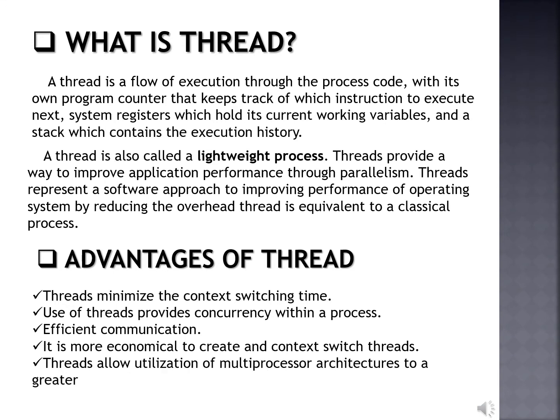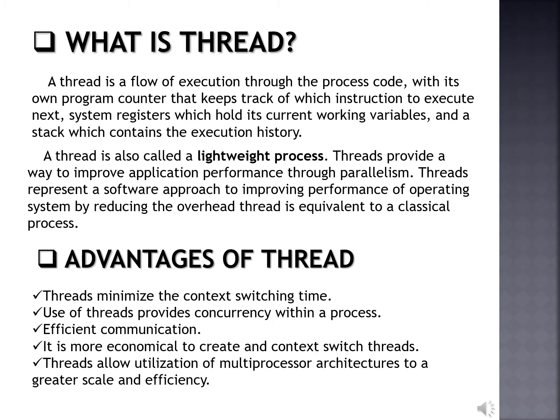A thread is a flow of execution through the process code with its own program counter that keeps track of which instruction to execute next, system registers, which hold its current working variables, and a stack which contains the execution history. A thread is also called a lightweight process. Threads provide a way to improve application performance through parallelism.